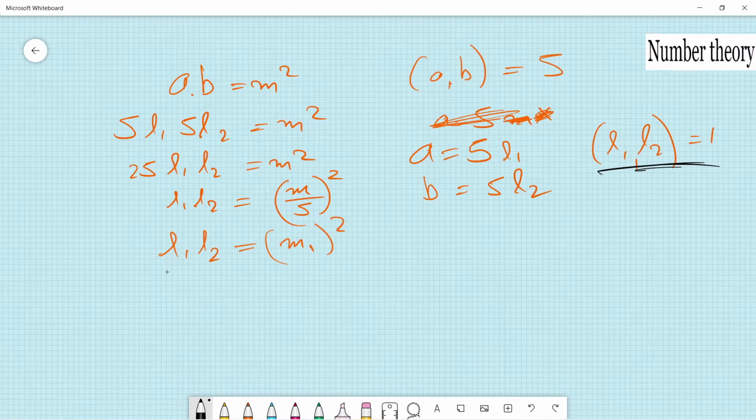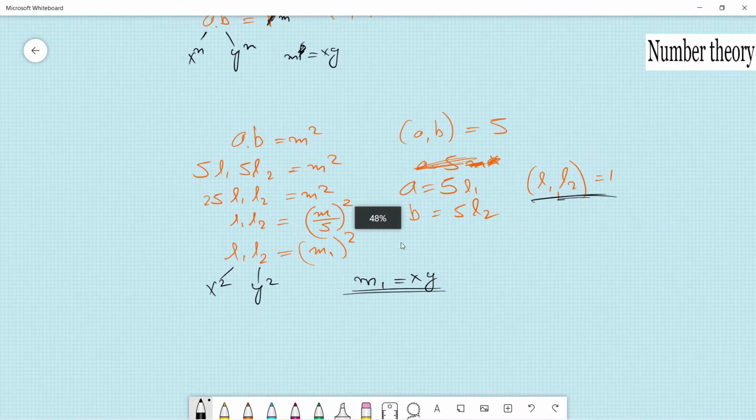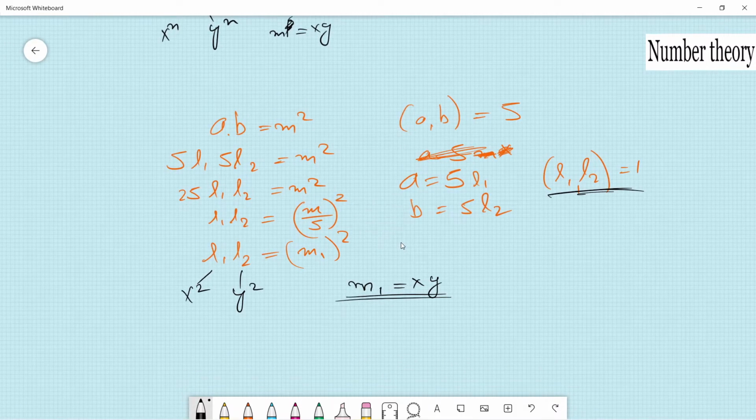So from here we can say l1 is x squared and l2 is y squared, and m1 is equal to xy. So this is the benefit we'll have if we know just the GCD of a and b.